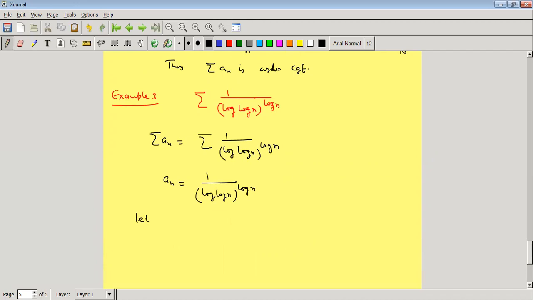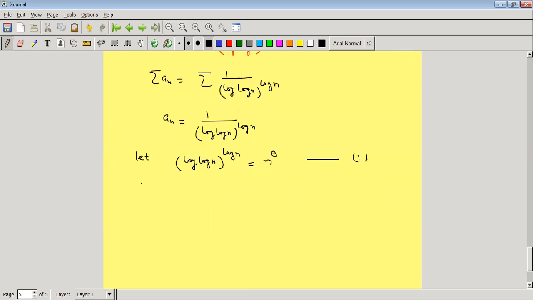So let (log n)^(log n) be equal to n^theta. So let this be; this is important.